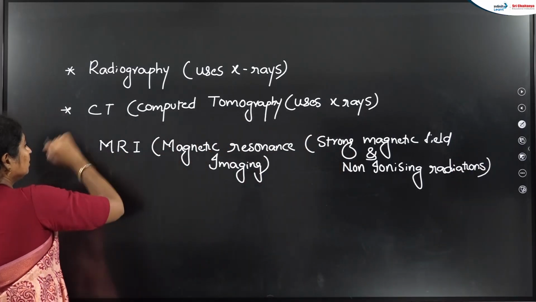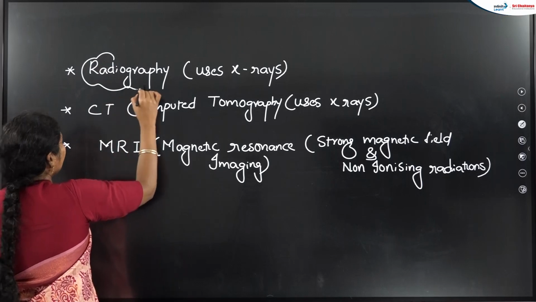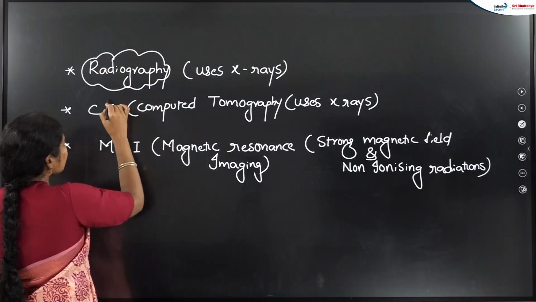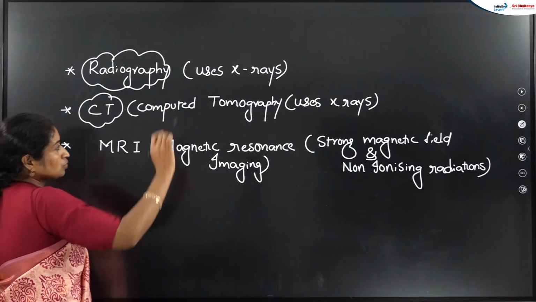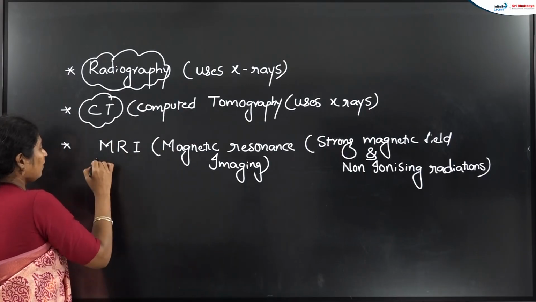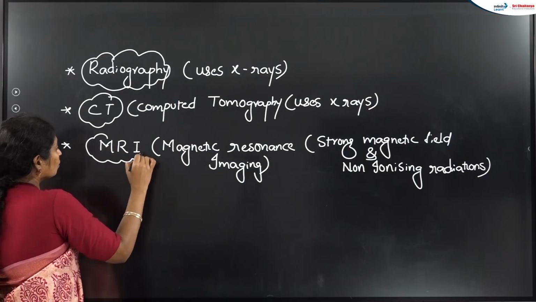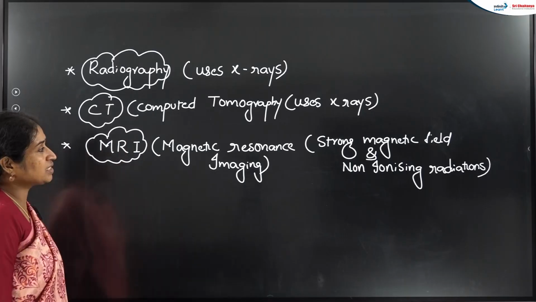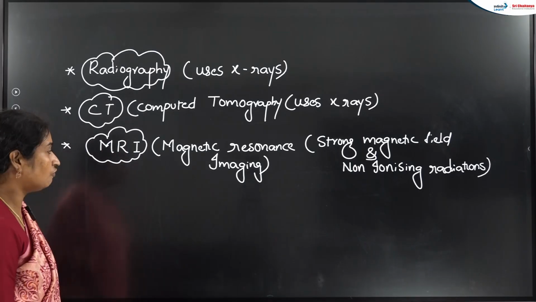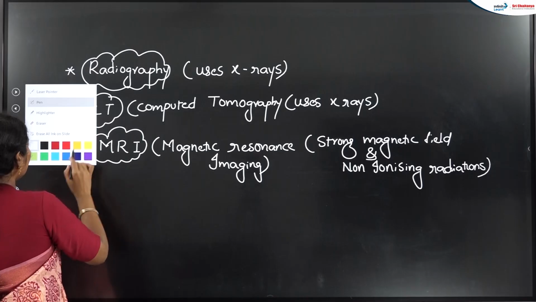So overall, three techniques here. One is radiography, which uses X-rays. Next, CT also uses X-rays, but in the case of MRI there are no X-rays. Instead they use a strong magnetic field as well as non-ionizing radiations.